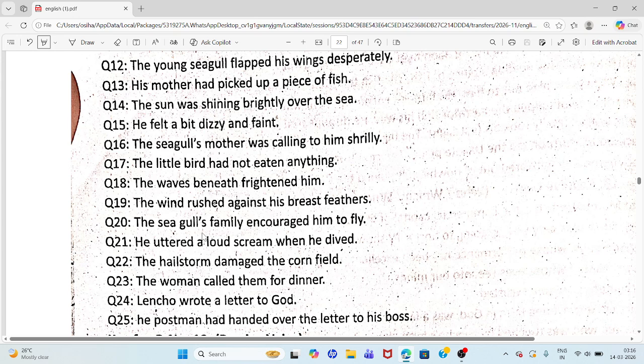Question 20. The seagull's family encouraged him to fly. In passive voice, he was encouraged to fly by the seagull's family. Question 21. He uttered a loud scream when he dived. In passive voice, a loud scream was uttered by him when he dived. Question 22. The hailstorm damaged the cornfield.